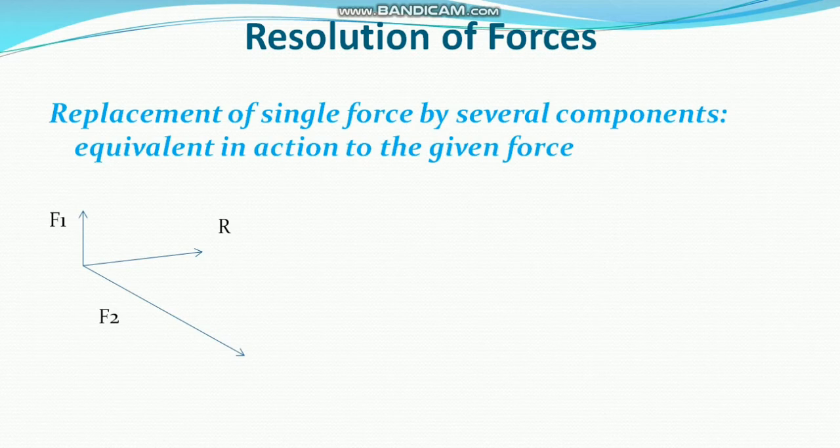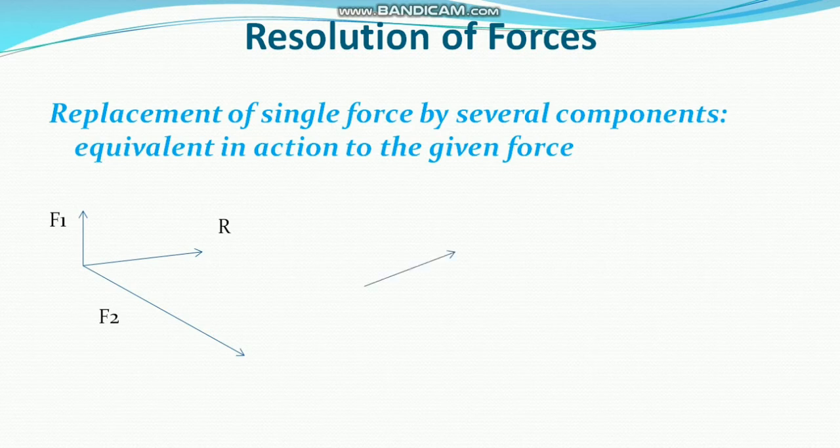So R is resolved into two components, F1 and F2, in any direction and of any particular magnitude, so that their resultant, that means the resultant of F1 and F2, must be R. So they are mutually equivalent to each other.